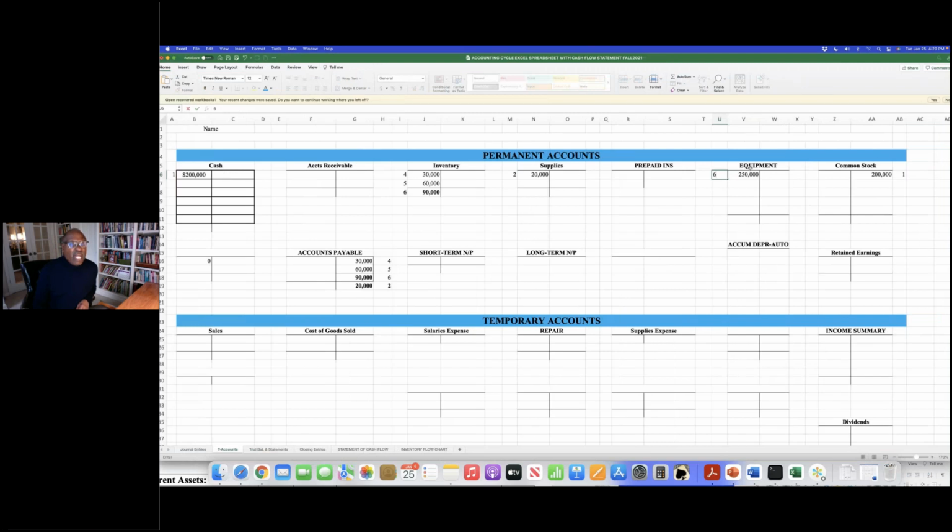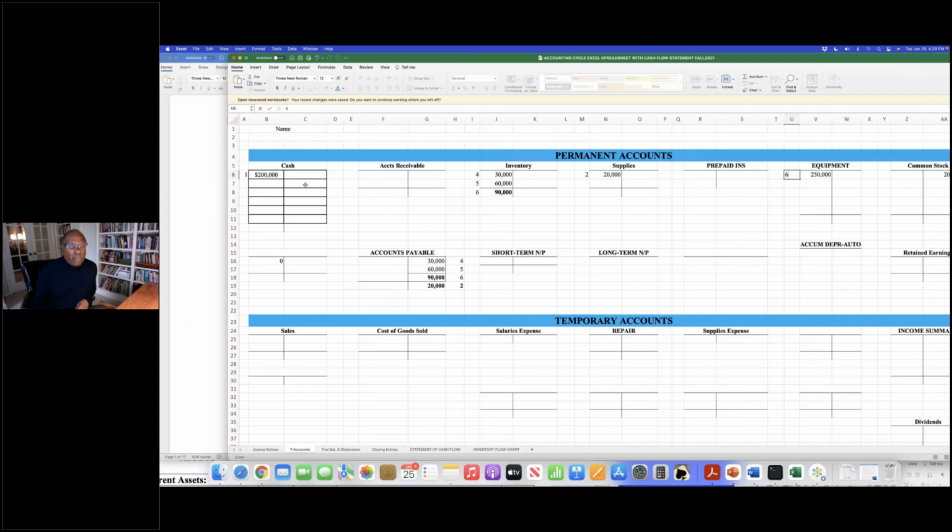We paid cash down of $25,000. That's a 6. Then we signed a long-term note for the remainder. So if it's a debit in the journal entry, it's a debit in the T account. If it's a credit in the journal entry, it's a credit in the T account.